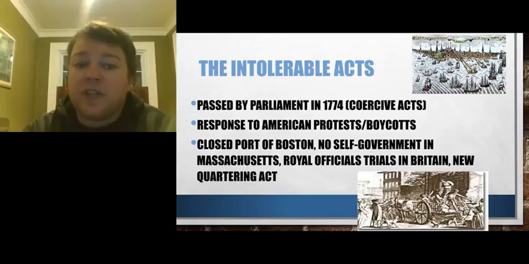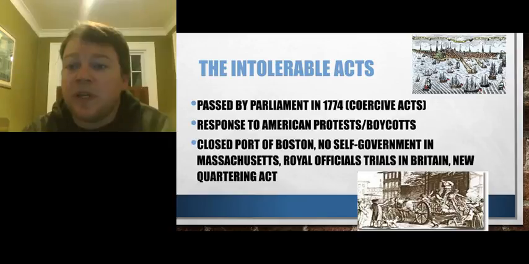So first thing that they do is they close the port of Boston. Boston is one of the busiest ports in the colonies at the time period, and they say we're going to shut it down until you pay back for the damages to the company.